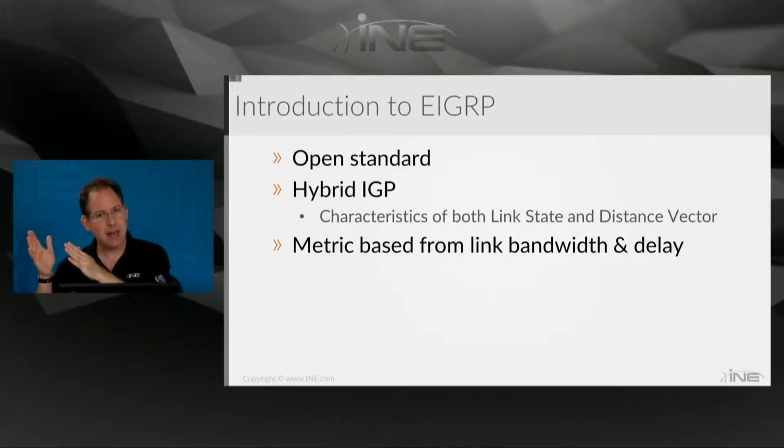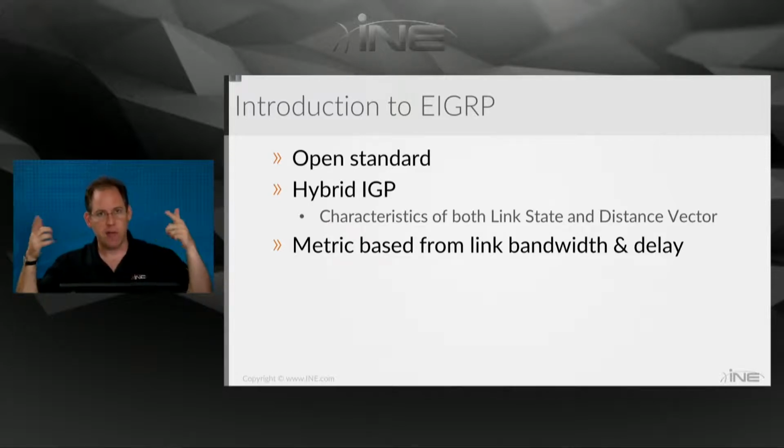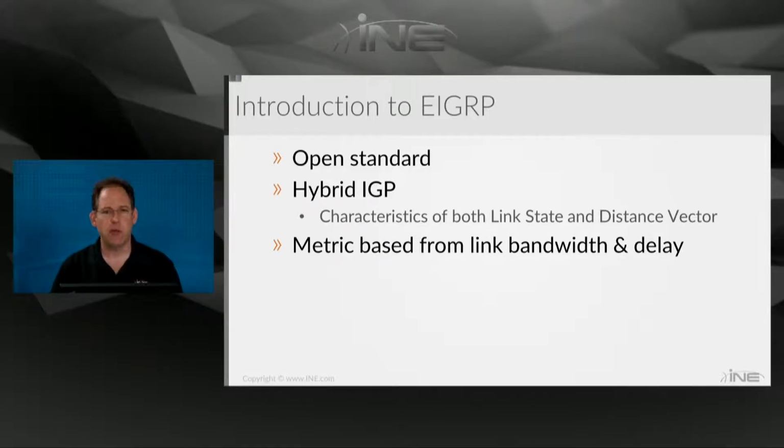So RIP has hop count, OSPF has cost, EIGRP has distance. And distance is a big number that's a result of a formula that factors in many different values. You can see here the default is using bandwidth and delay. And we'll talk a little bit more about that in a subsequent video where I get into how the metric is derived in more detail.